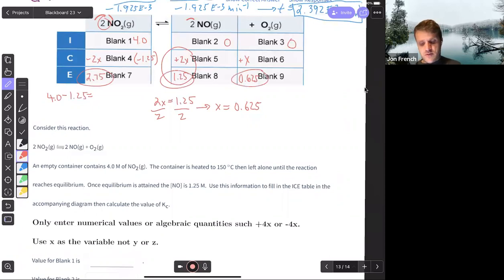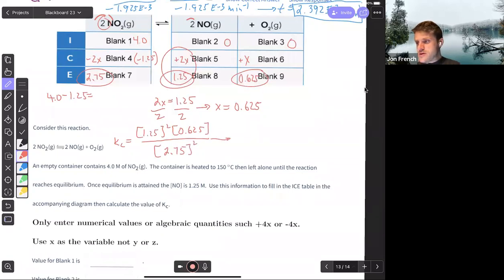I can plug those into my equilibrium expression. The concentration of nitrogen monoxide squared times the concentration of oxygen, all over the concentration of nitrogen dioxide squared, so 2.75.